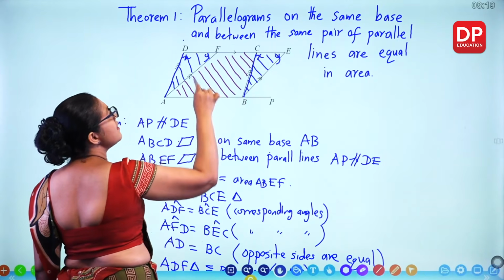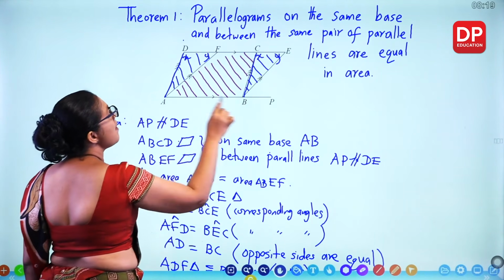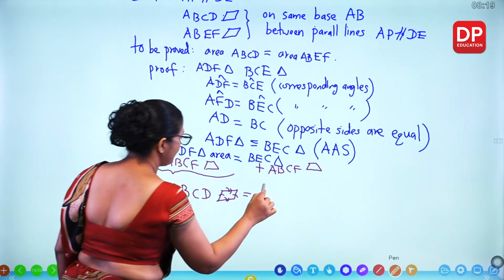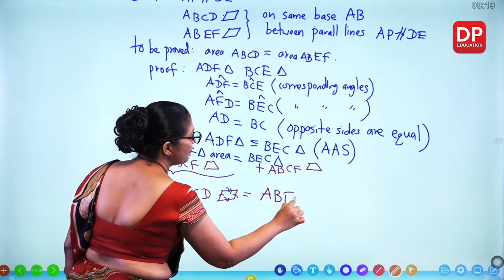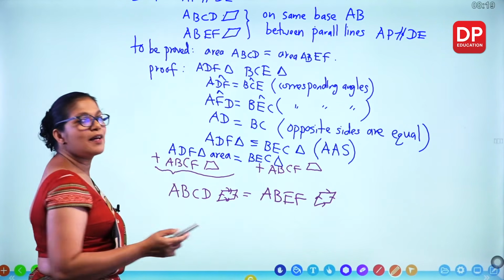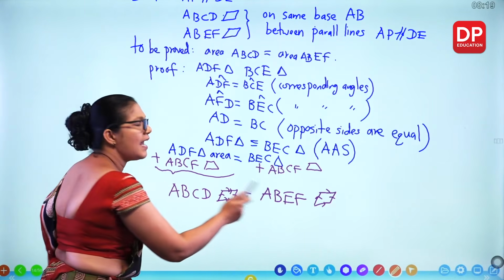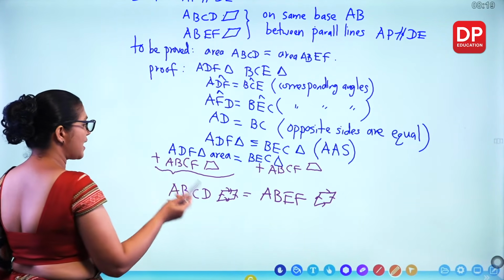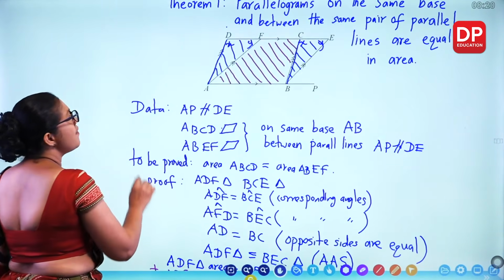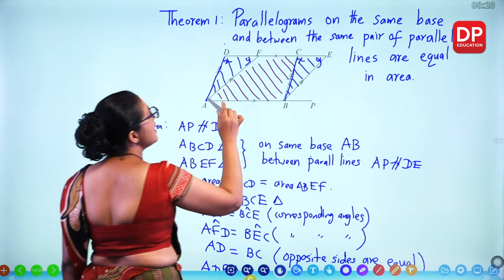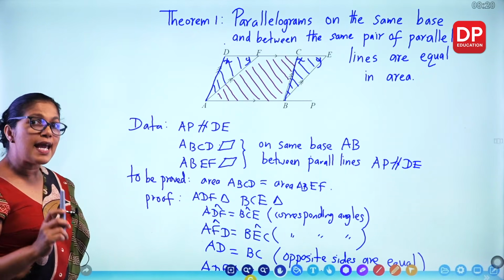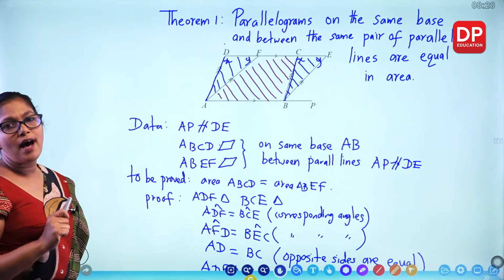This and this part, you get ABEF parallelogram. So what can you say? Both these are equal in area. So that's how we can find out the area between same pair of parallel lines and on the same base, both are equal.